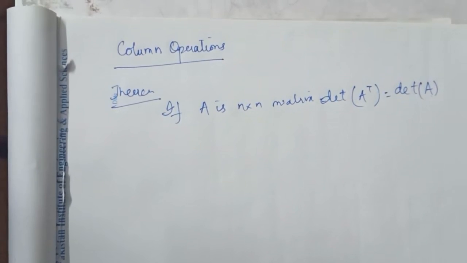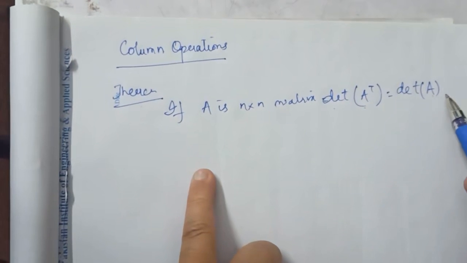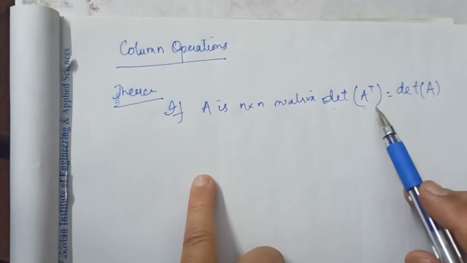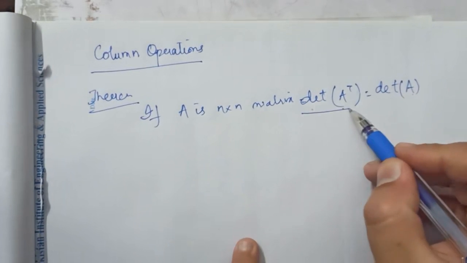Now, because the determinant of A transpose is equal to the determinant of A, I mean, you can look at the book and see the proof of it, but I'm actually going to talk only about the use of it, right?